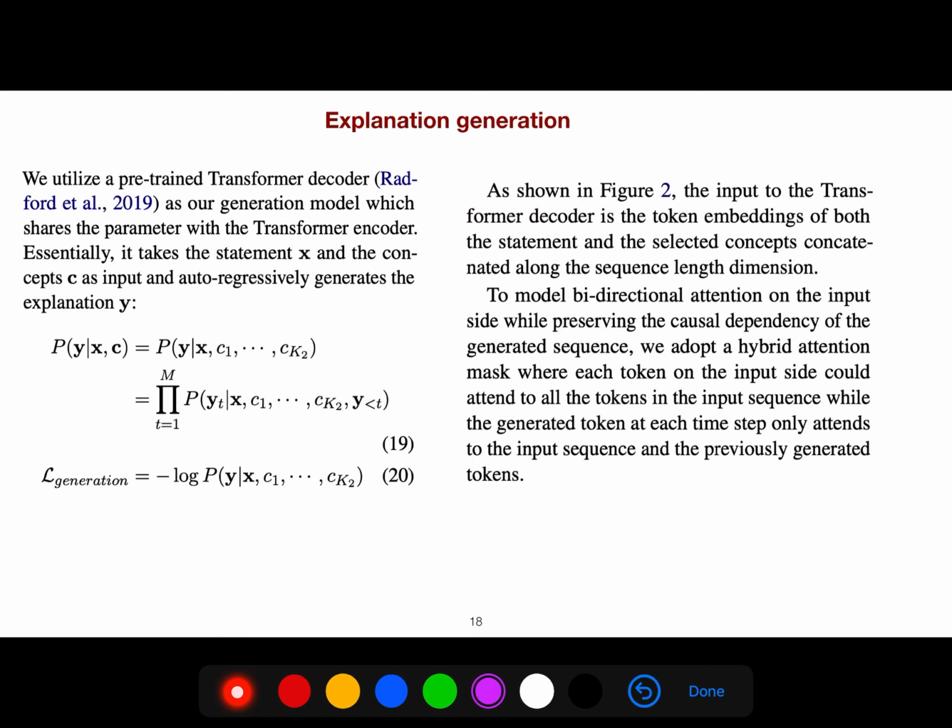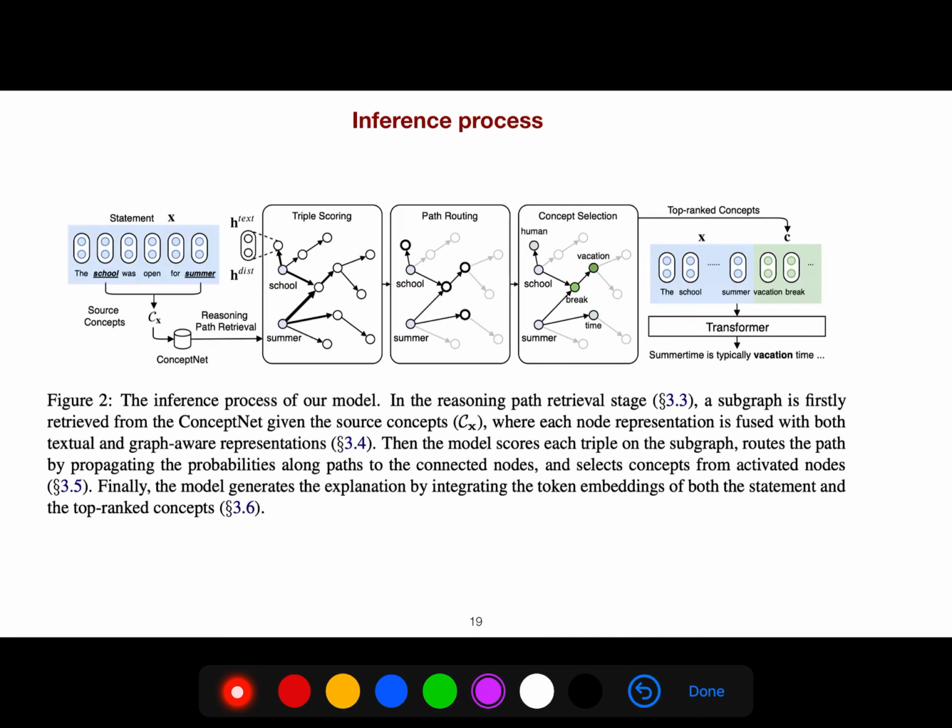And you have explanation generation, because we want the final output to be readable. That's why you need that one. I've seen it in different articles, if I'm not wrong, they call it back translation.